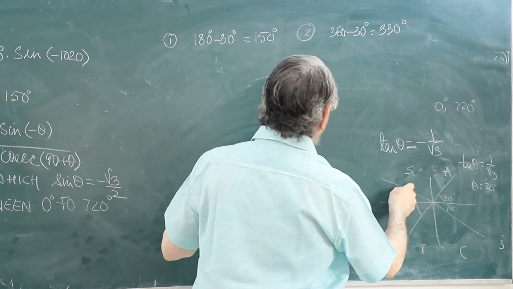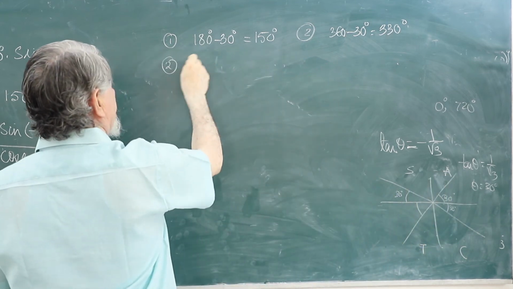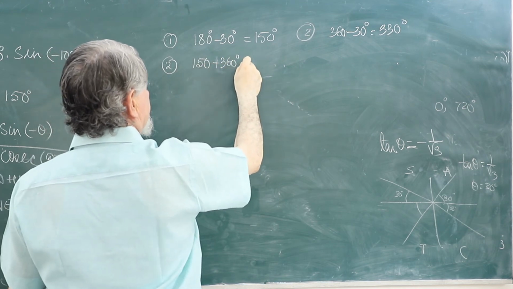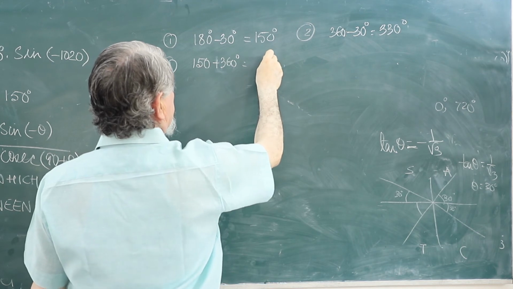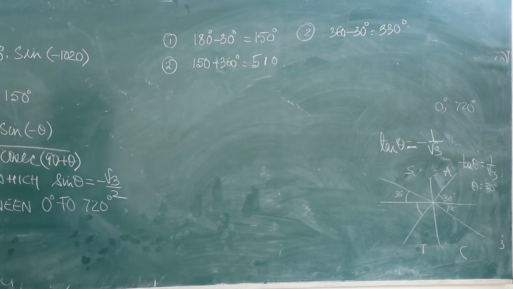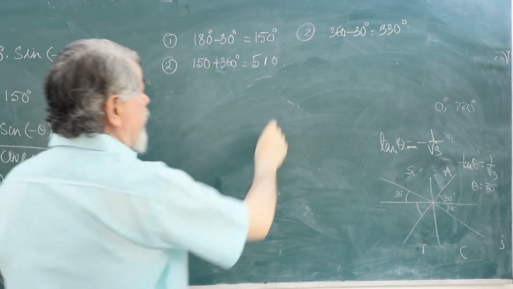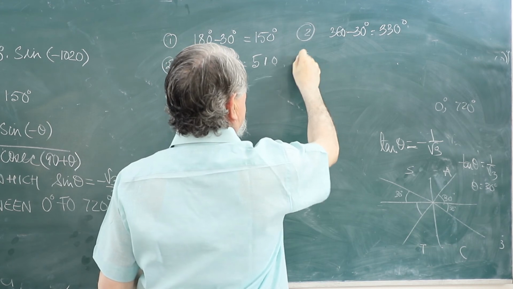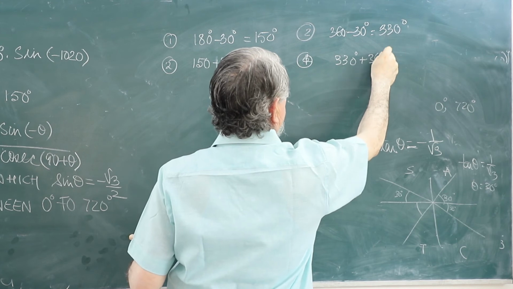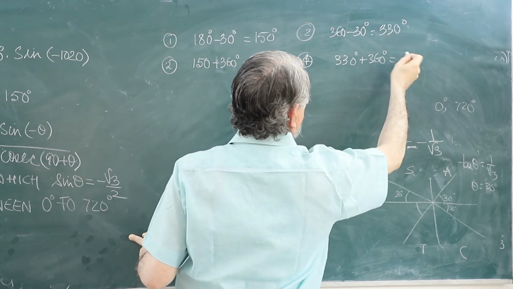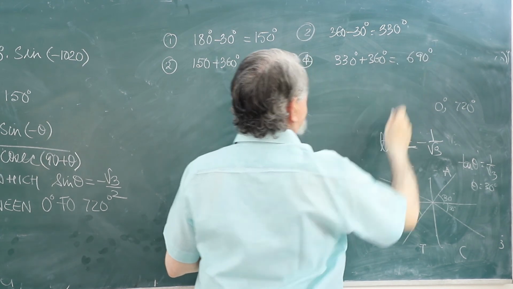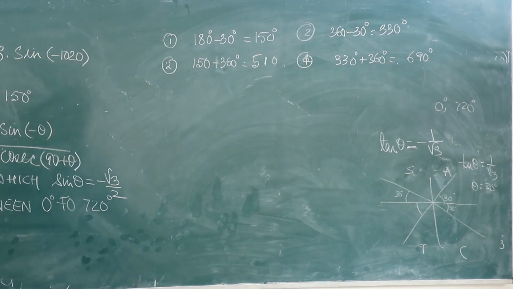Now for 150, if I take a complete round, 150 plus 360 will be 510. 510 will be another value. And if to 330 I add 360, it will become 690.